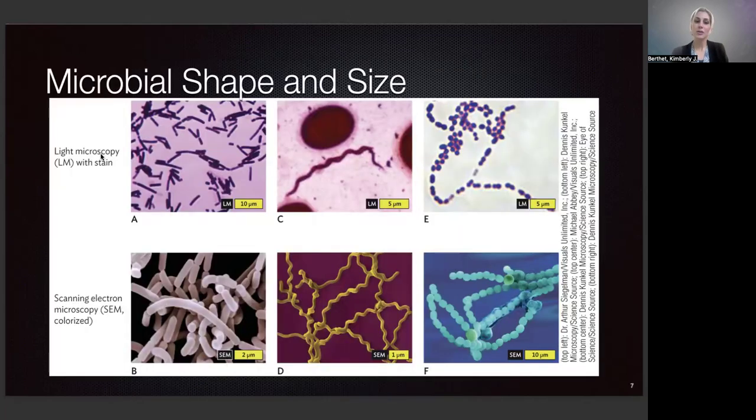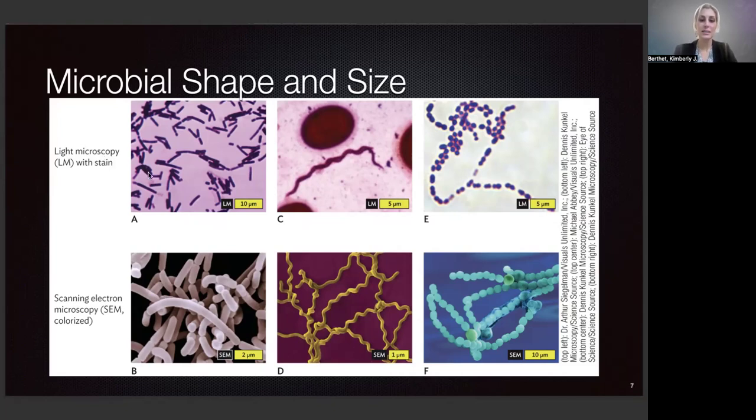Okay. Looking at microbial shape and size, microbes are extremely diverse in their morphology. So we can go over a couple of them here. At the top, what we see is going to be light microscopy. The bottom is the same exact microorganisms, but using electron microscopy, specifically scanning electron microscopy.